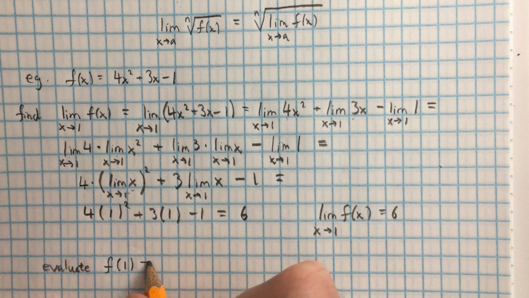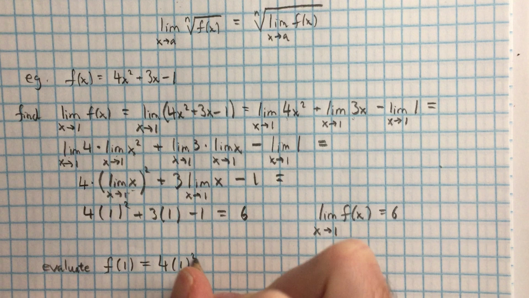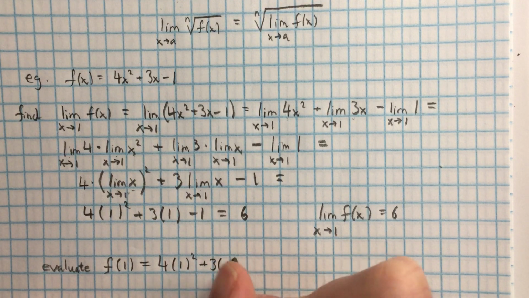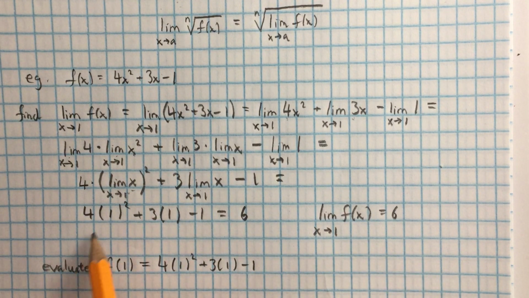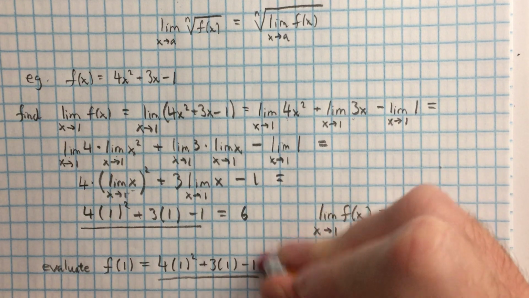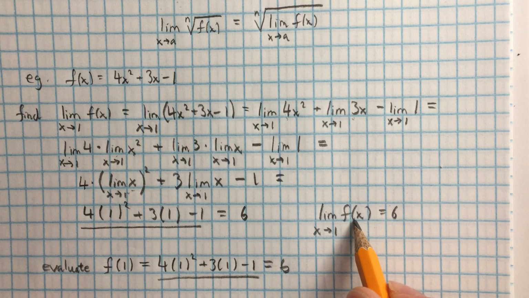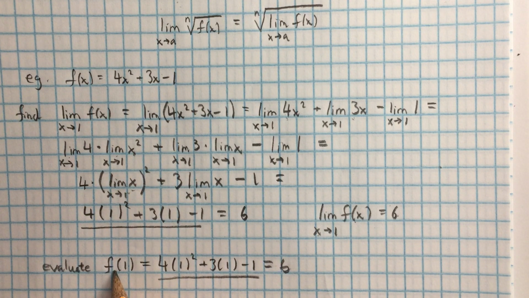It would have looked like 4 times 1 squared plus 3 times 1 minus 1. Well, lo and behold, it would look exactly like our last line. No different whatsoever, and of course that would be 6. This is an important result. The fact that the limiting value for this function as x approached 1 was 6, which was exactly the same as if we had simply plugged 1 into the function in the first place.